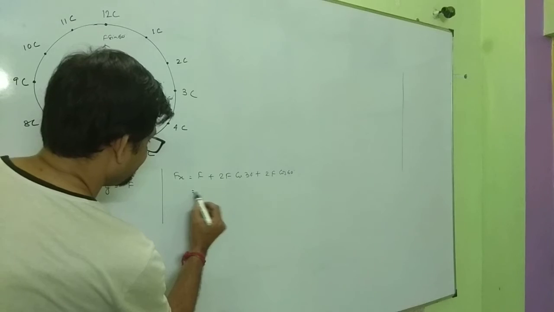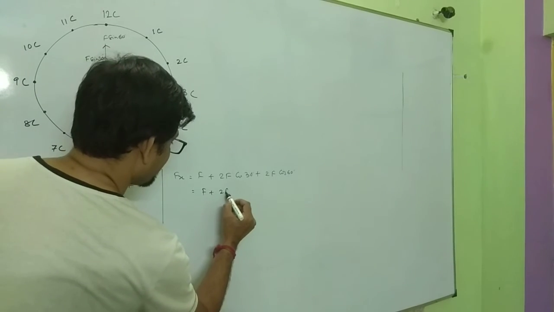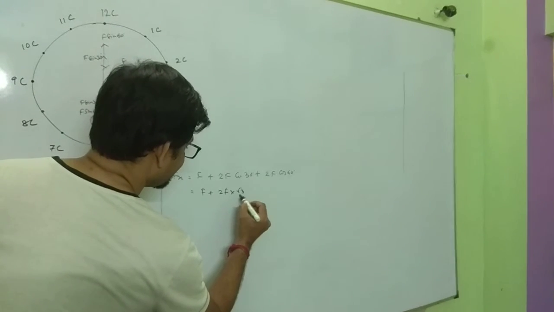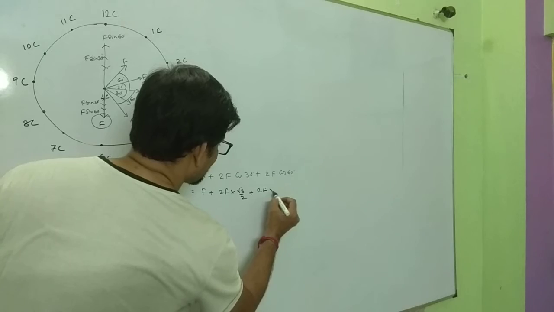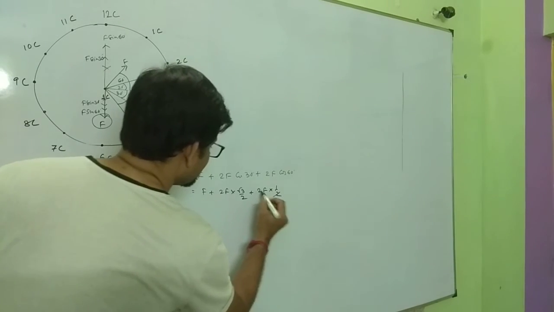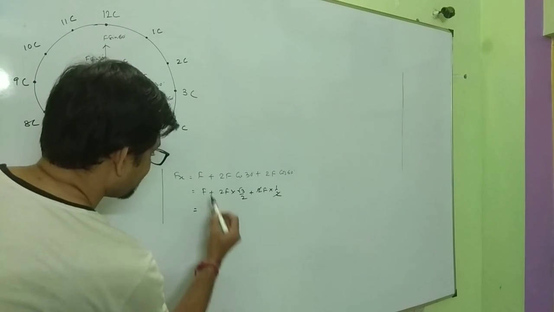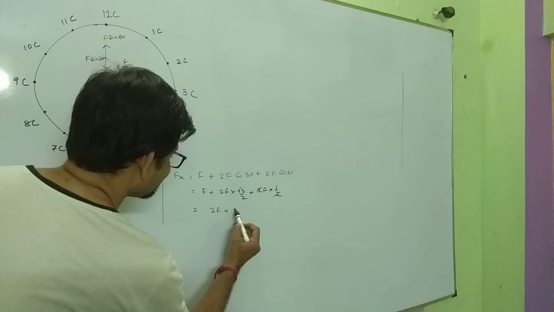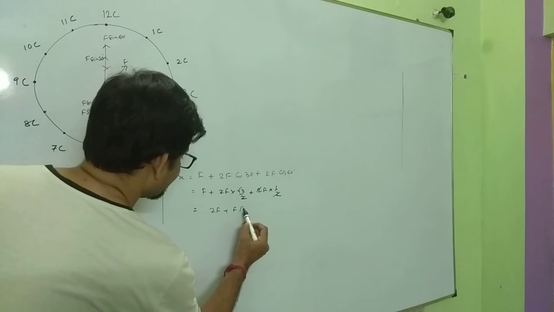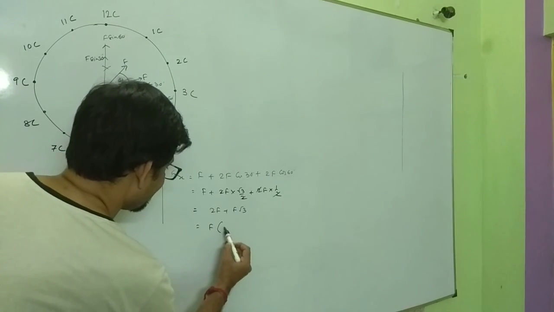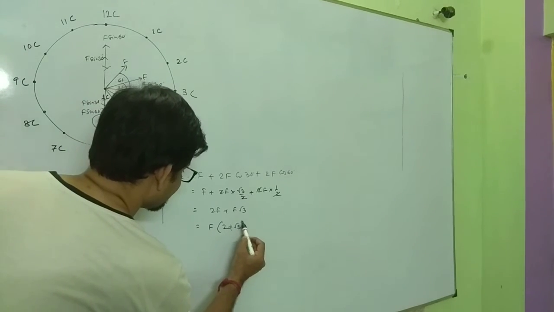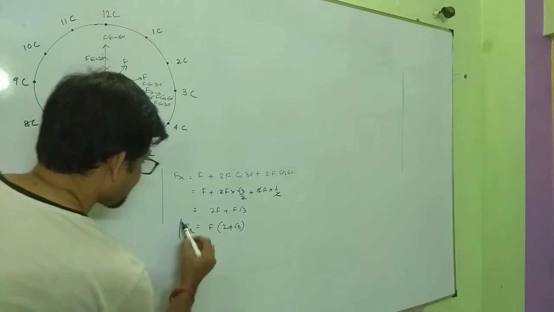Ultimately it will be F plus 2F cos 30 plus 2F cos 60. Now cos 30 is root 3 by 2 and cos 60 is half. So it will be F plus F root 3 plus F, that is 2F plus F root 3. If you take out F, it will be 2 plus root 3, that is Fx net.